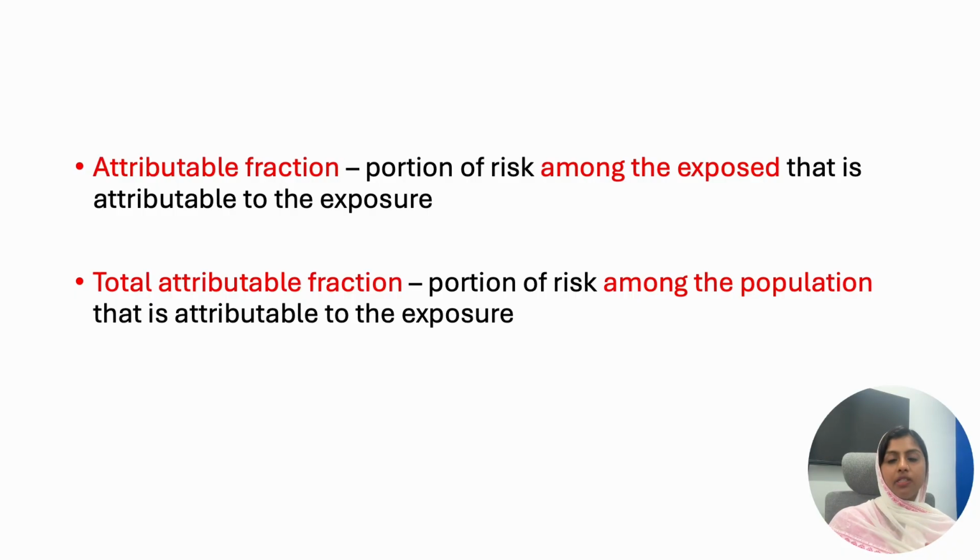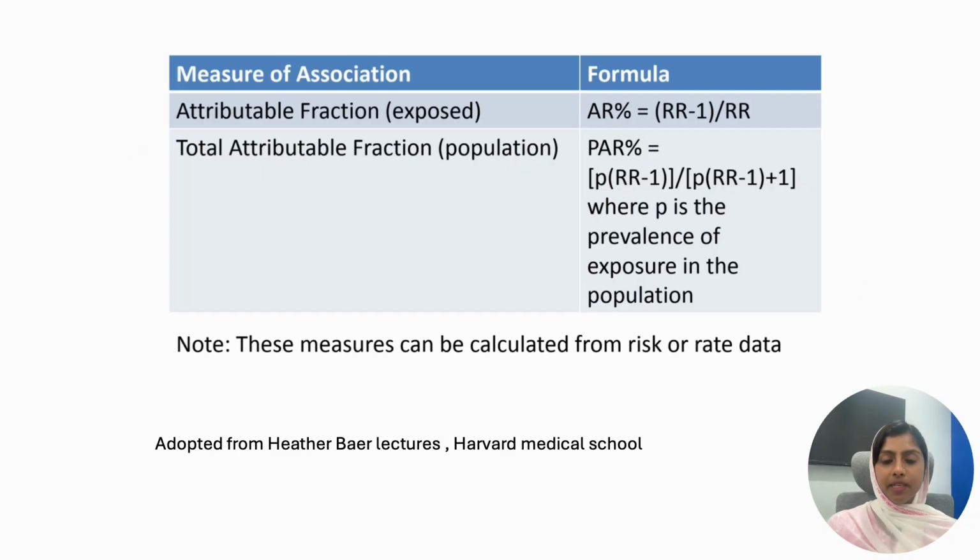In a particular population you have this much cancer, so how much of the incidence can be attributed to the risk. So this is the main formula for the measure of association. I just want you to pause for a moment, take a picture or write these down, the formula that can be used in order to assess the attributable fraction or the total attributable fraction, which is among the population.